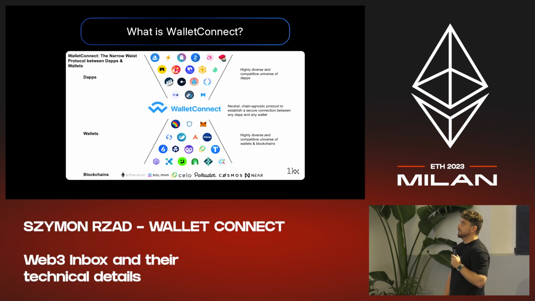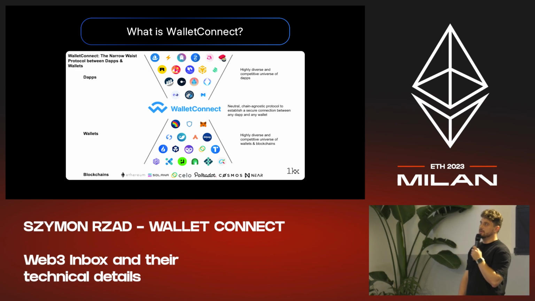So hopefully, most of you know what Wallet Connect is, but if you don't, there was a nice article by 1KX where they explained that Wallet Connect is a narrow-waist protocol between dApps and wallets. We are a neutral, chain-agnostic, open protocol that's open source. Anyone can contribute to it.